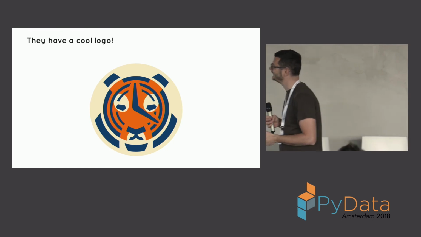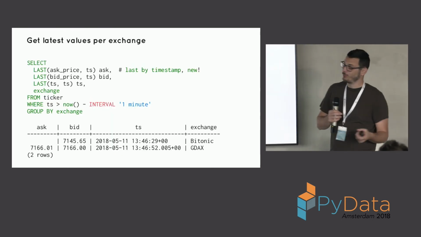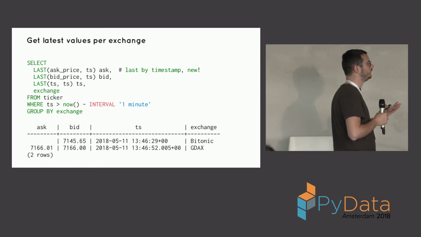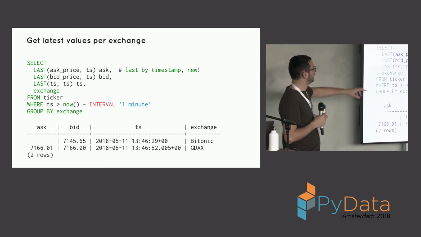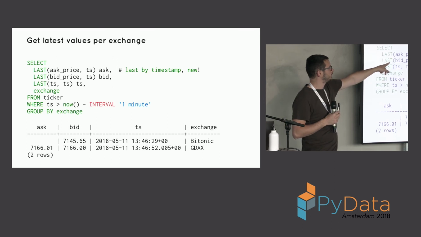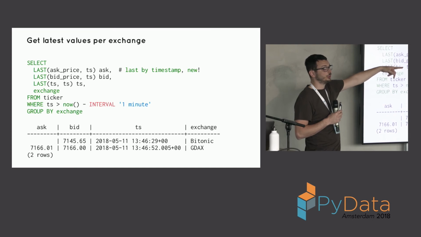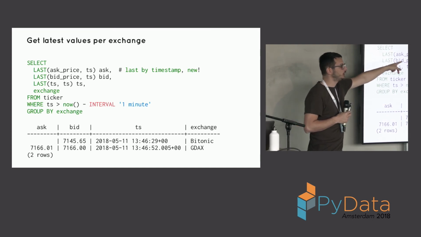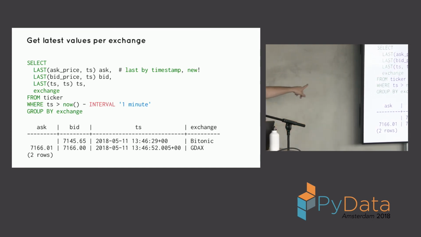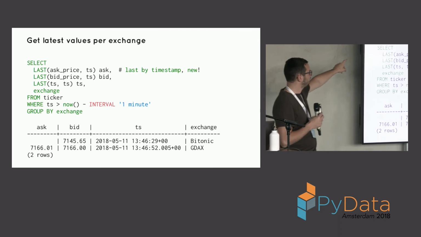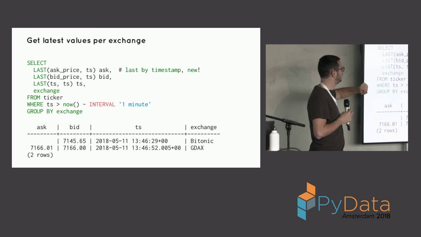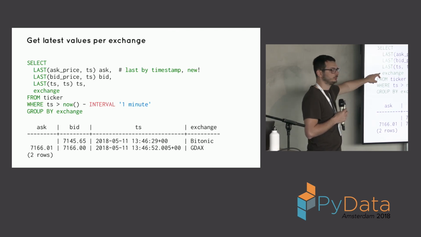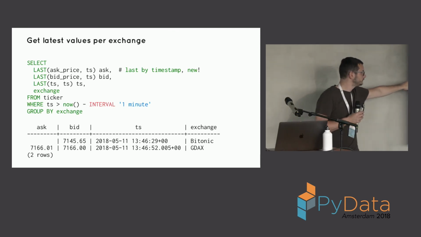Also, it's important. So, for example, once we inserted this data into our table, we could say, give me the last ask price ordered by timestamp, which is new. Postgres doesn't have last with 2 arguments. It only has last with 1 argument. Then give me the last bid price, the last timestamp, and then the exchange for my ticker table.